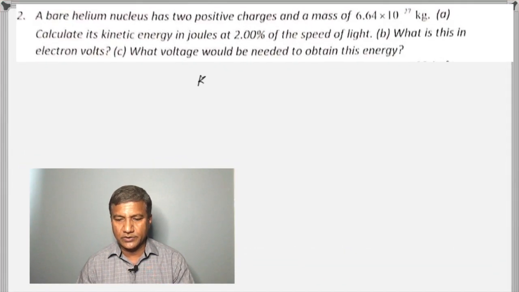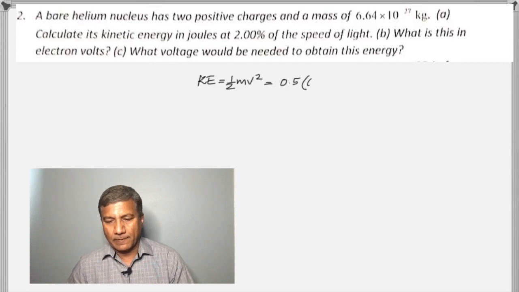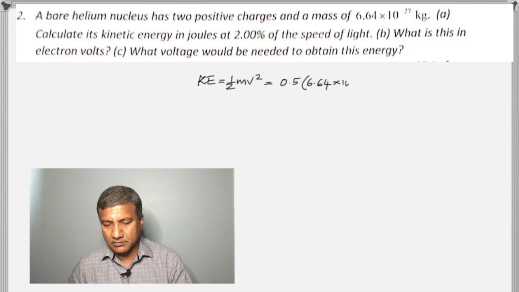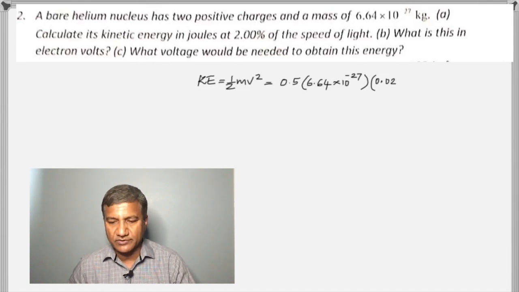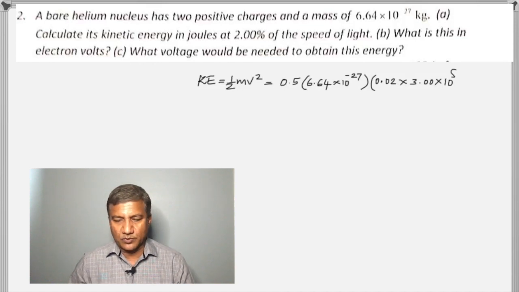In order to do this, we are asked to calculate the kinetic energy, and kinetic energy is 1/2 times mass times velocity squared. So 0.5, mass of the helium nucleus is given, 6.64 times 10 to the negative 27. Multiply that with the velocity.